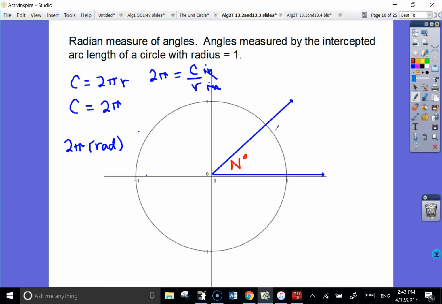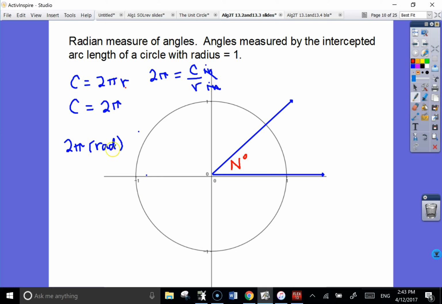The circumference, we know, has a formula of 2 times pi times r. And since the r in this case equals 1, then the circumference equals 2 pi. So if it's 360 degrees to go around, it's what you would call 2 pi radians to go around the whole circle.